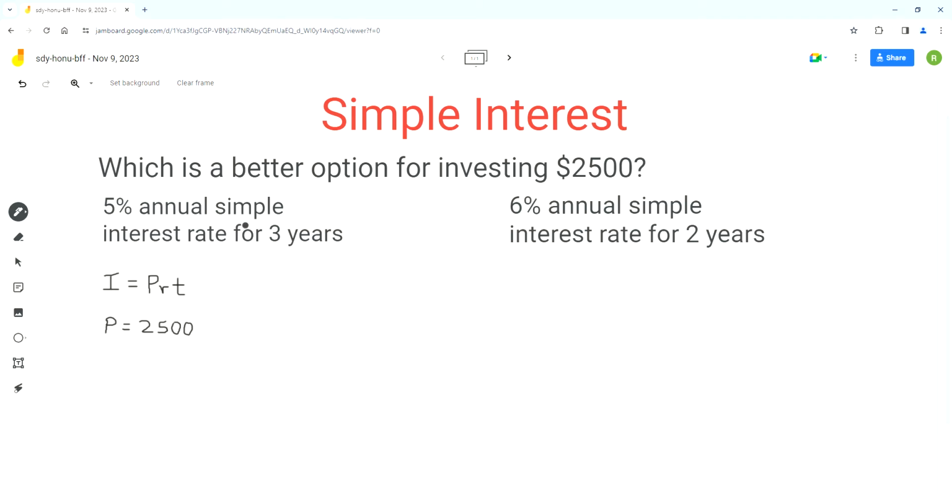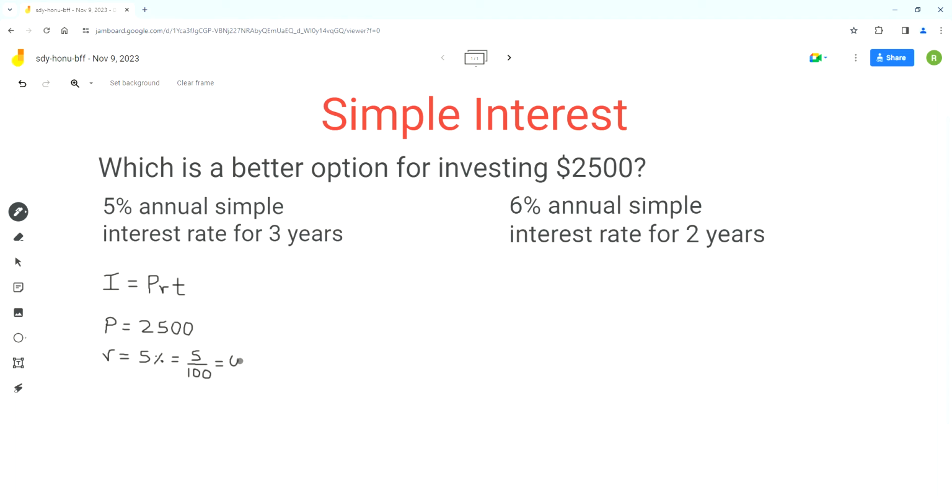For the first option, the R value, or the interest rate, is 5%. In the formula, we use the value of R in decimal form, not percent form, so we convert the percent to decimal by dividing the value by 100.